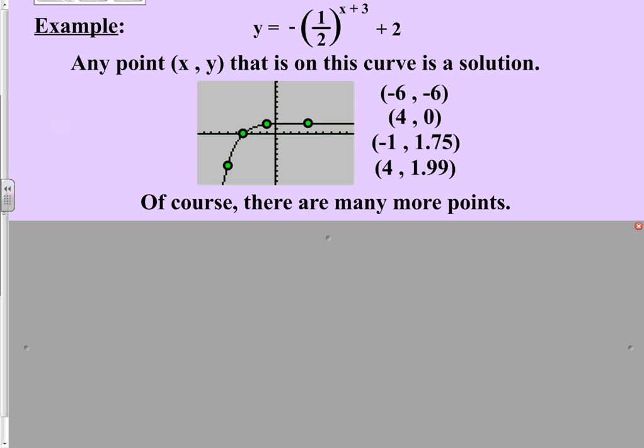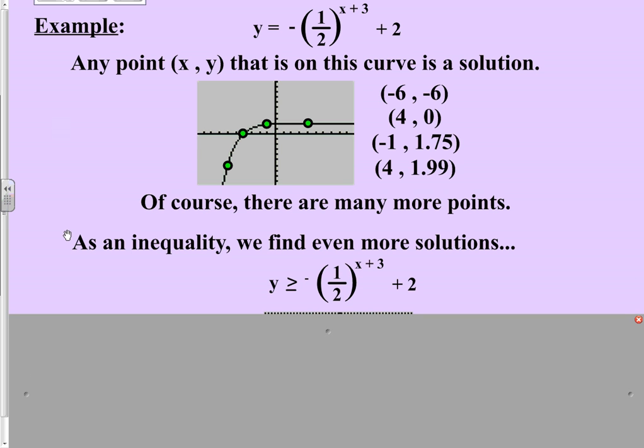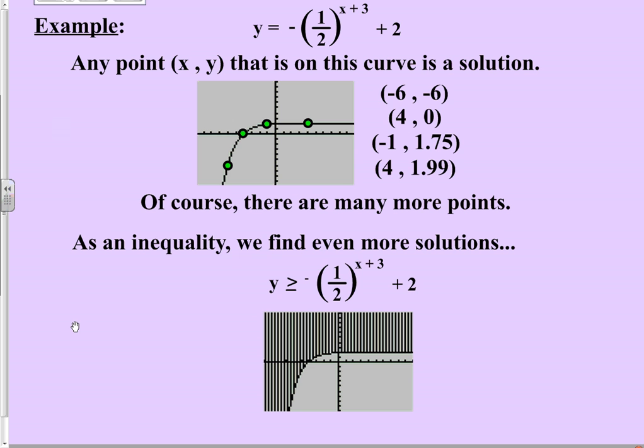Now, as we begin to look at inequalities, the inequality basically uses the graph as a boundary of two different sections of space in the graph.